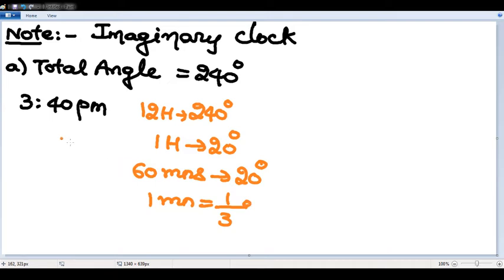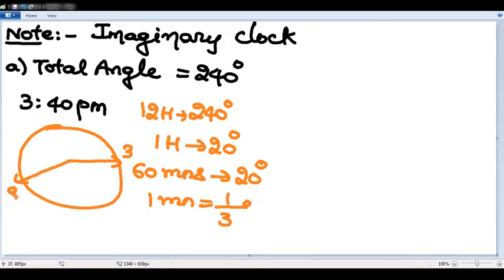What you do is assume that it is a circle with a total angle of 240. Each hour mark is 20 degrees. See here, this is 3 and this is 8. Now, how many hours of difference are there? 5 hours. 1 hour is 20 degrees, so 5 hours becomes 100 degrees.